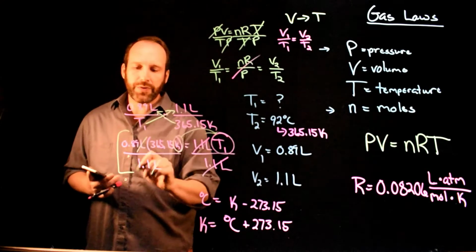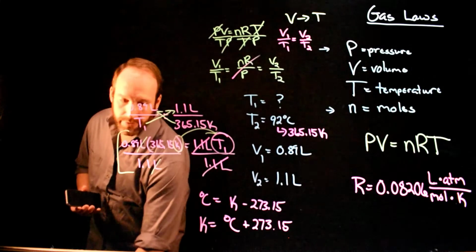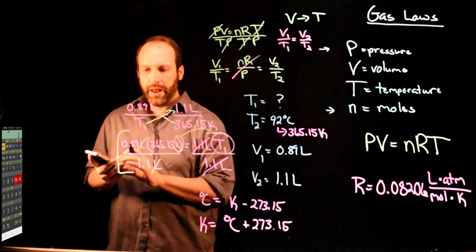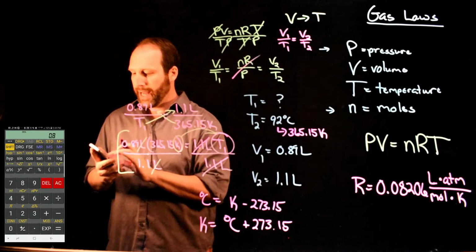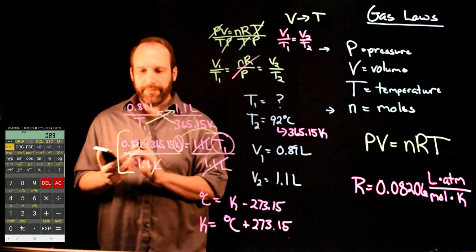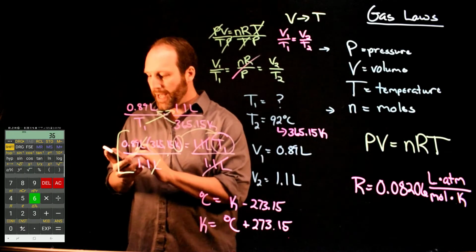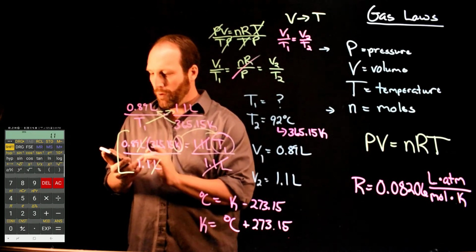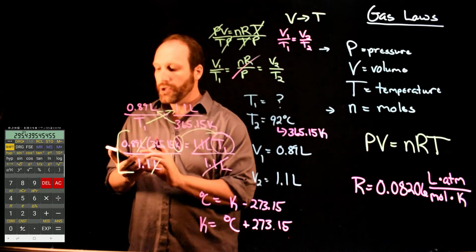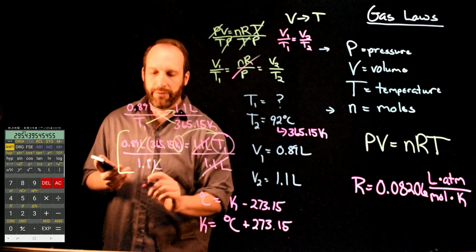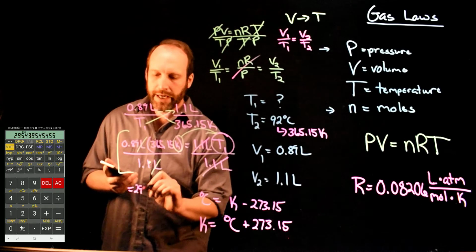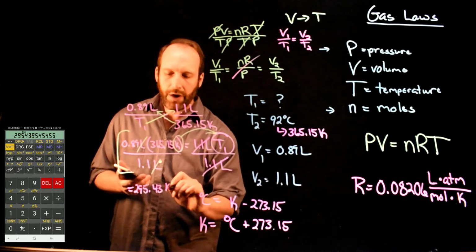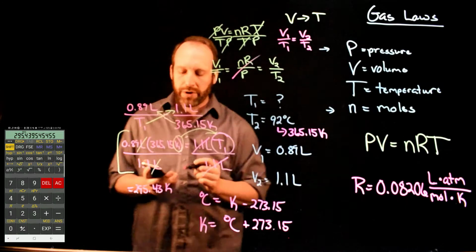So I just need to do this math here. So let's run through that real quick. So I can say 0.89 times 365.15 divided by 1.1, and that equals 295.43 Kelvin.